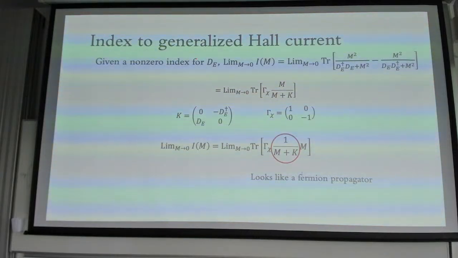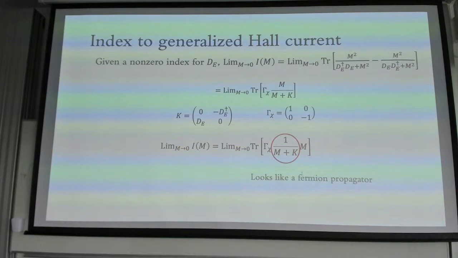My claim is that if I define this variable I, which depends on some mass scale m, the following formula in the limit of m going to 0 computes the index of this operator D. So this term counts the number of 0 eigenvalue modes of D, this term counts the number of 0 eigenvalue modes of D dagger, and so this gives you the index in this limit.